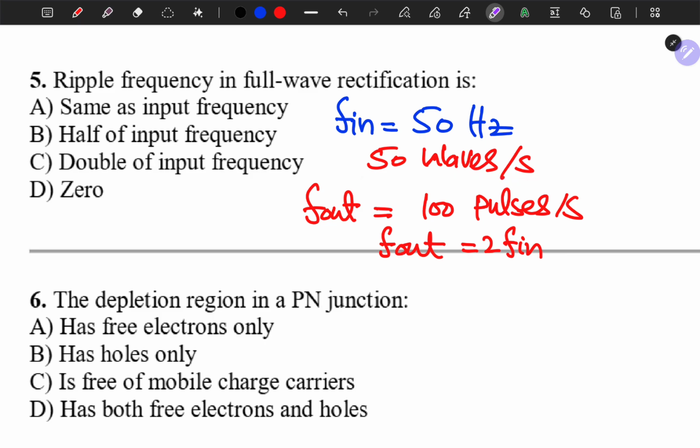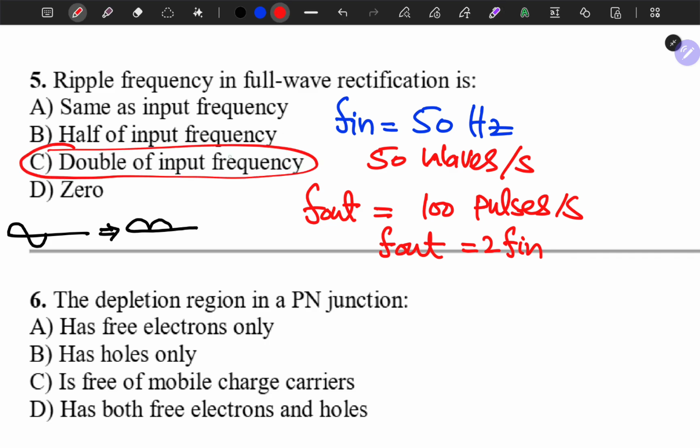But whenever we have the output, just like I am showing here, for just one wave we get 2 pulses. So 50 waves per second are replaced by 100 pulses per second. So the output frequency is double the input frequency. So double the input frequency is the correct option. Option C is the correct one.